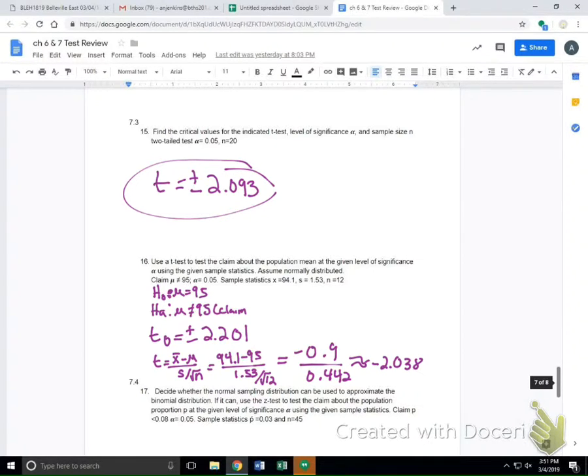And we see that we have to fail to reject H0, and we say there is not enough evidence to support the claim.